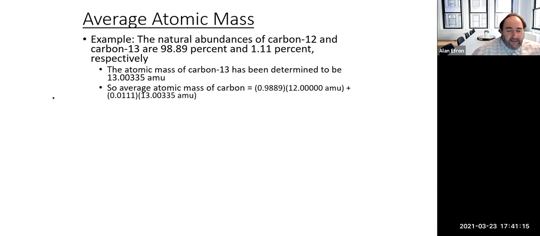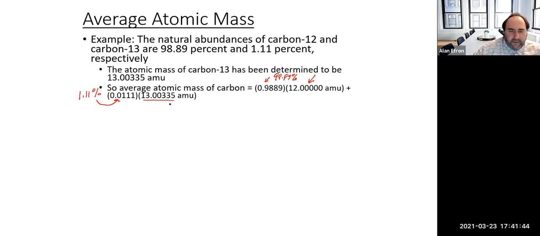That is the 98.89% converted into a decimal times the atomic mass of the carbon 12 isotope, plus, and again, people always want to multiply here, but plus the percentage of our second isotope, the 1.11% converted into a decimal, times the atomic mass of our second isotope.